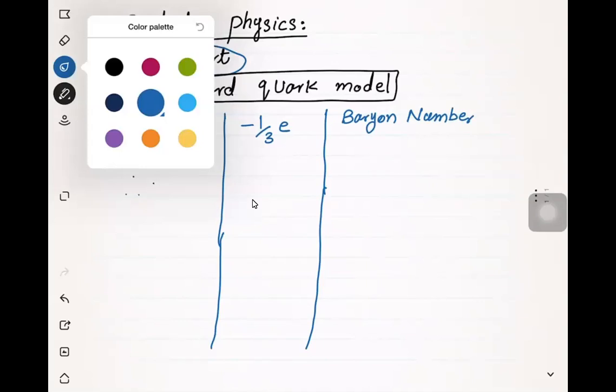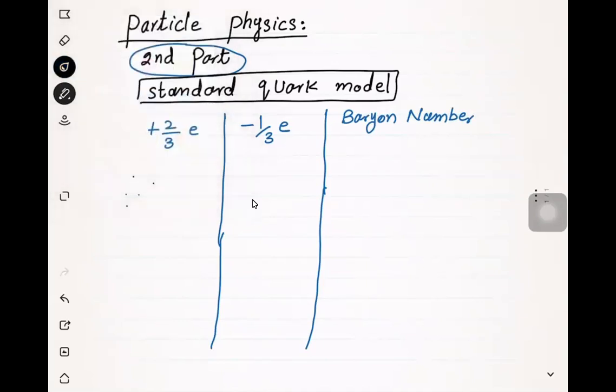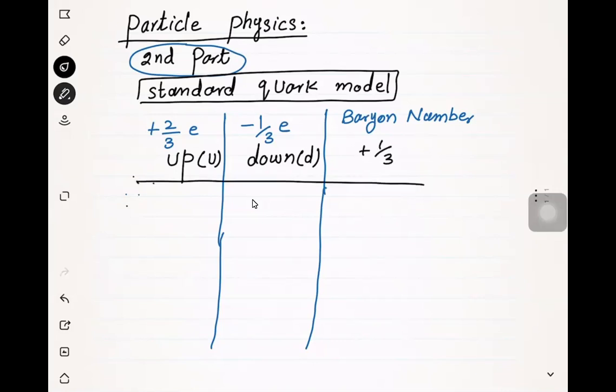The names of the quarks, first pair, are up and down. Symbol for up is U and symbol for down is D. And their baryon number is plus 1 by 3. So this is the first pair.